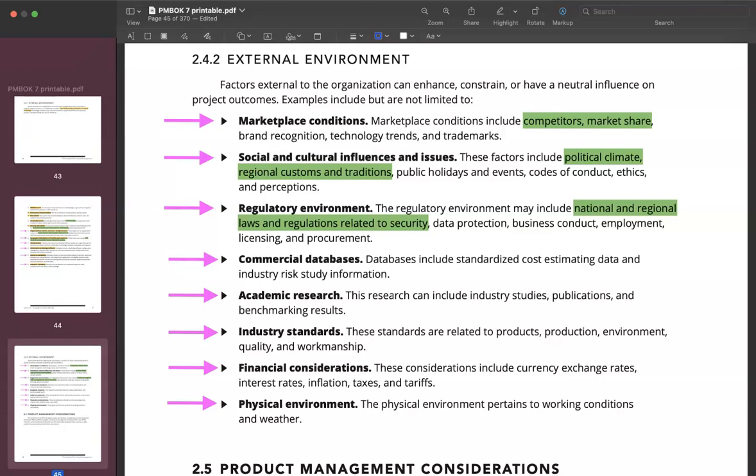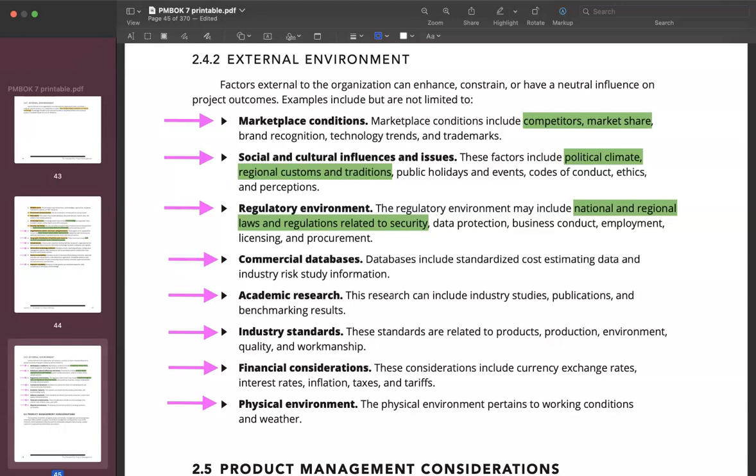So financial considerations, for instance, would include things like inflation, like taxes, or tariffs, or the exchange rates. What is the value of your currency against another currency that you may be trading in? So that is also something that needs to be taken into consideration. And the physical environment, so the weather conditions. For example, you may be living in a warm country, or you may be living in a country which is really, really cold.